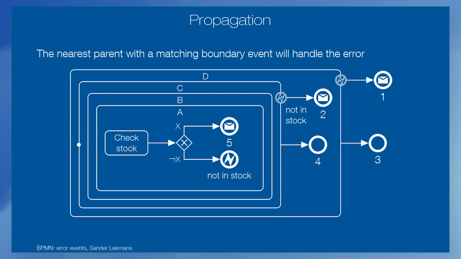In this case, that is B. So we put a token on B. For B, again the same story, no start event, hence we put a token on the only element with no incoming sequence flows, which is subprocess A. A has no start events, so we put a token on check stock. And now check stock can execute.